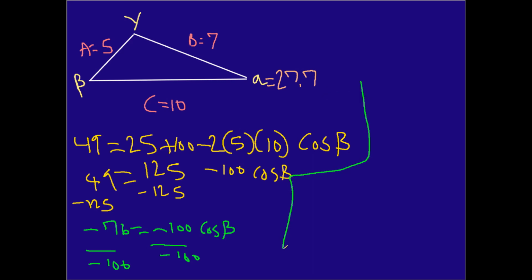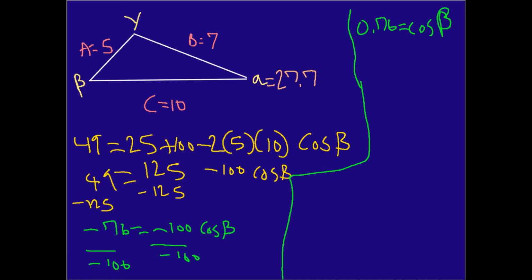I might need some of that space there. So we end up with negative 100. And so now we end up with 0.76 equals cosine of beta, like so.